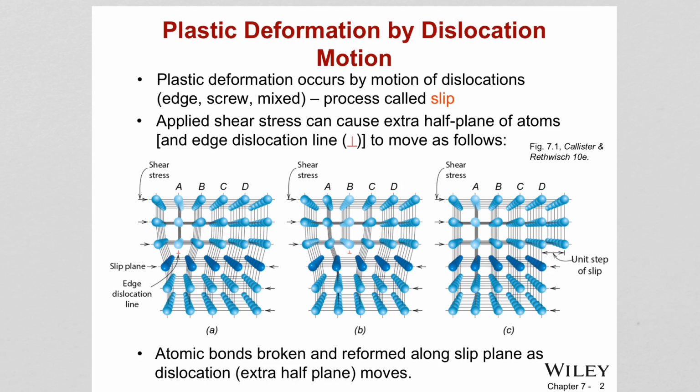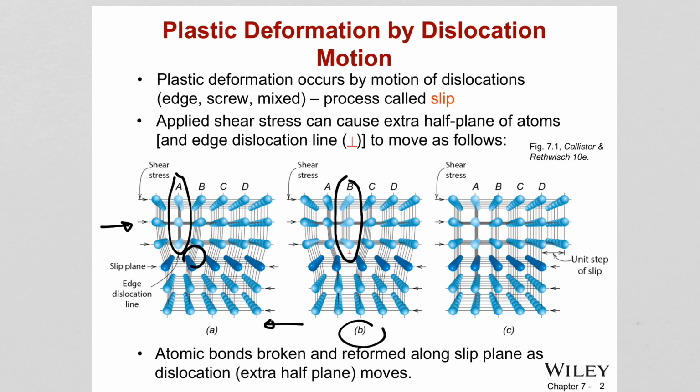With shear stresses applied to the material, the dislocation will start to move when it has enough energy to move. You see it is now in place A, and in the next figure B, it is moving to the place of B.